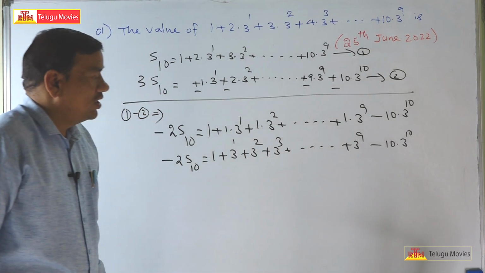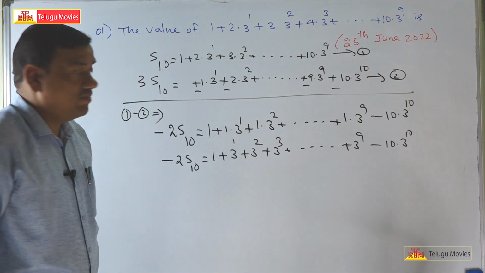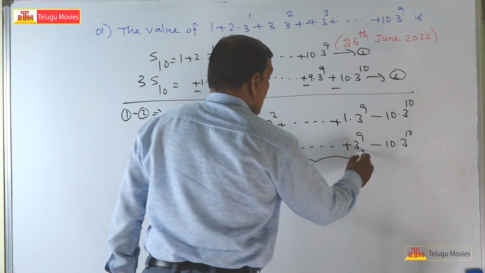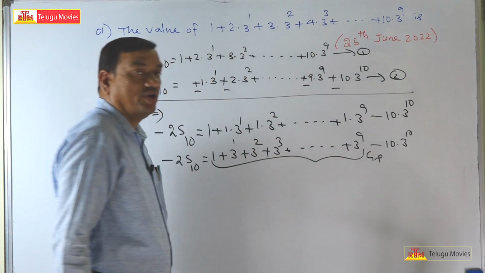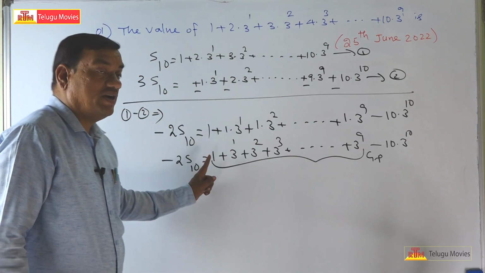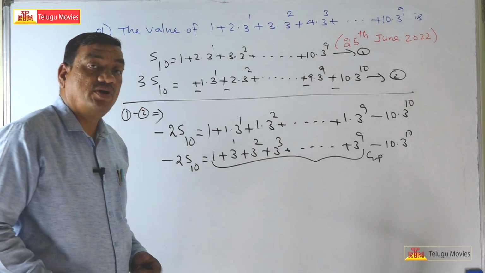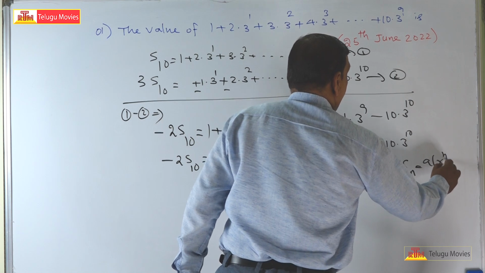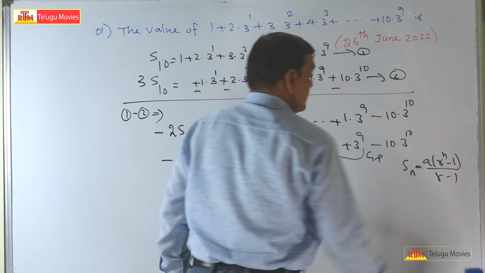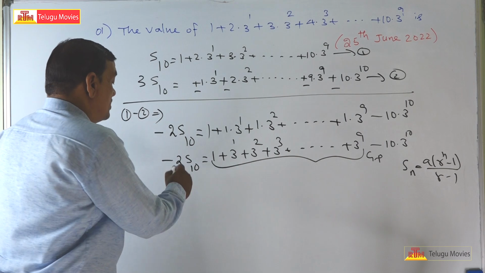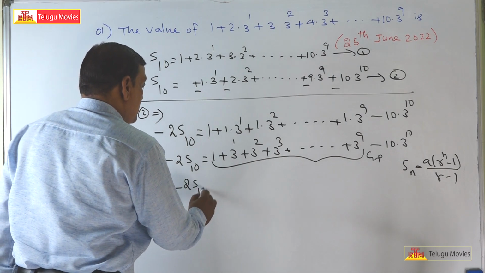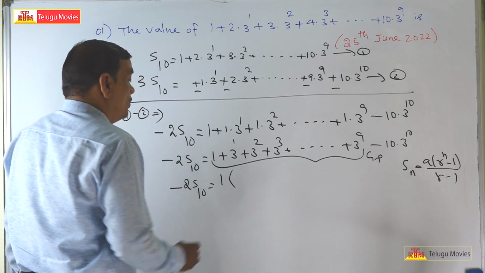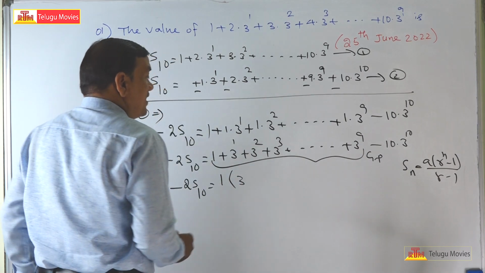Except the last term, up to here, is it not a geometric progression? A geometric progression with first term 1 and common ratio 3. Sn is equal to A into R power n minus 1 by R minus 1, the sum to n terms formula. So minus 2 times S10 is equal to A into 3 power n minus 1 by 3 minus 1, minus that last term.